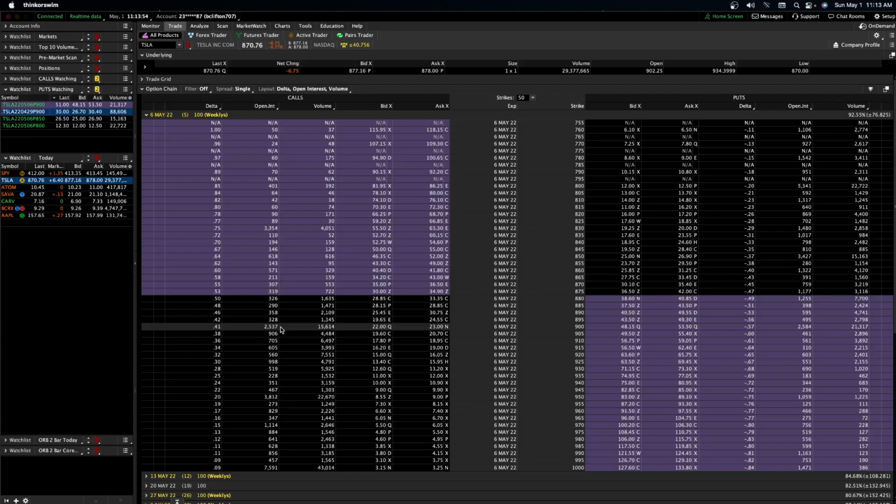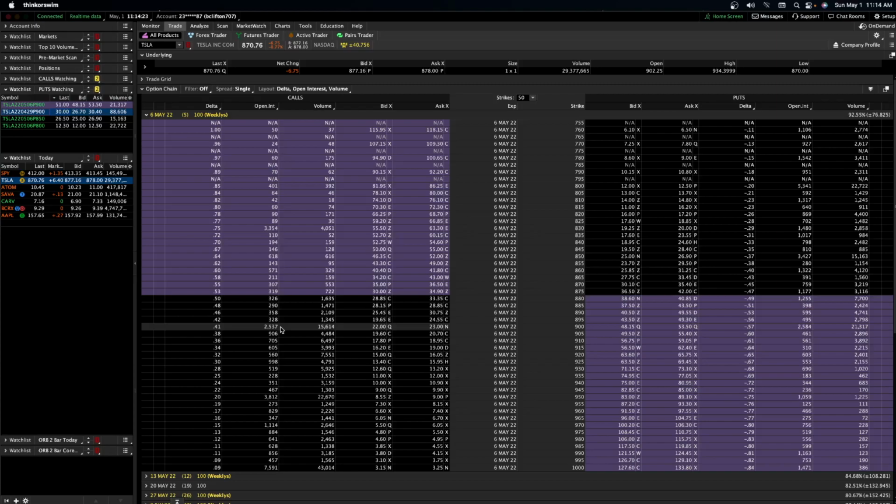Well, the deeper you get into the money, the less action there's going to be typically on that particular option. You'll see that it's not going to have a lot of volume. There's going to be a bigger spread because people are looking to maybe play a little bit out of the money or an at the money call because it's going to typically move a little bit better. Okay. So keep that in mind as well.